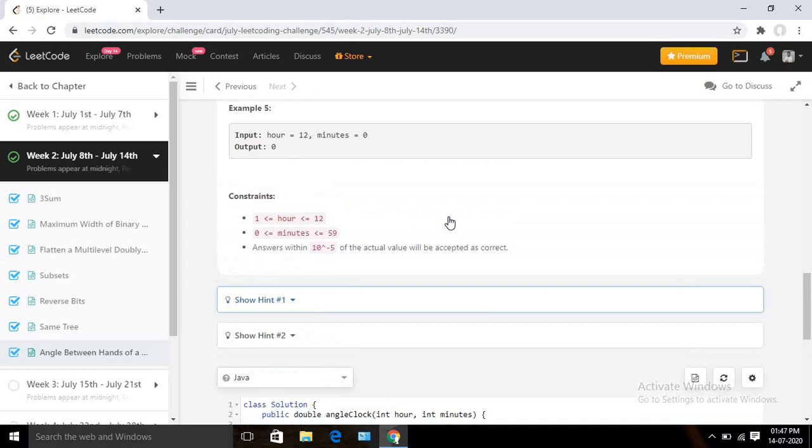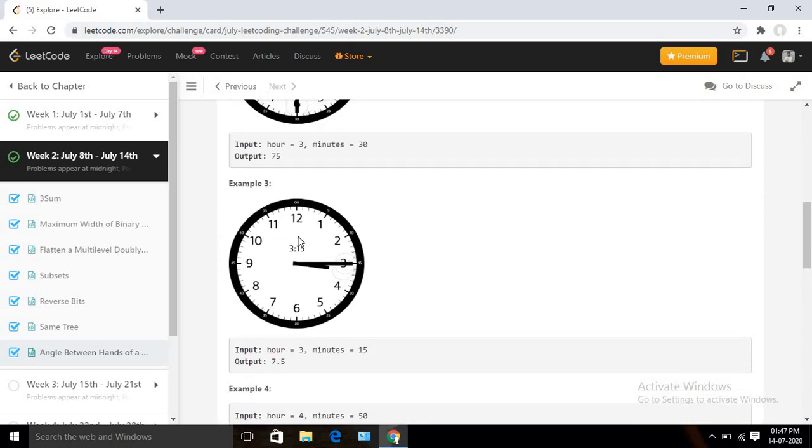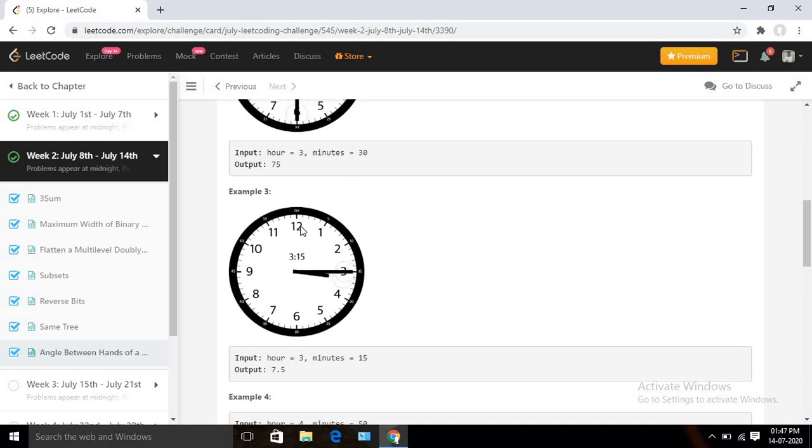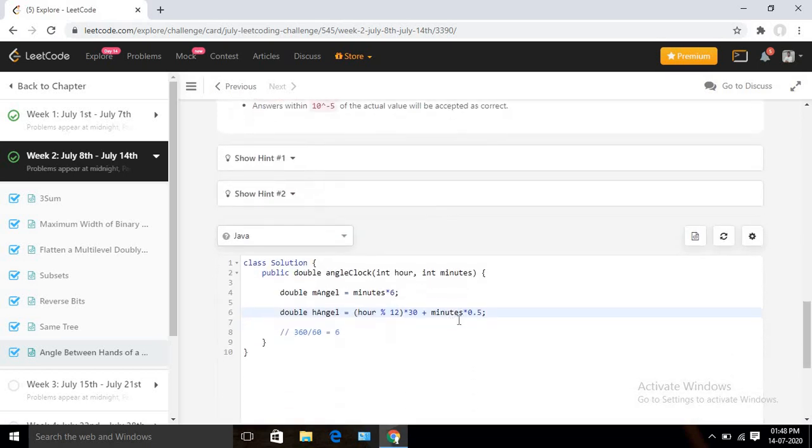Suppose your clock is here, and if you reach 1, that means you completed 60 minutes. Suppose your base is 12 and your hour hand is at 1, then that will create a 30-degree angle, and the total minutes is 60, so it should be 0.5.